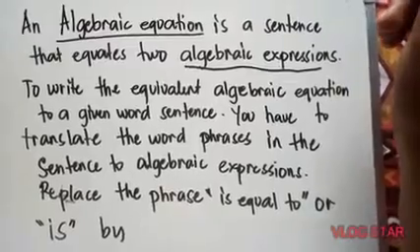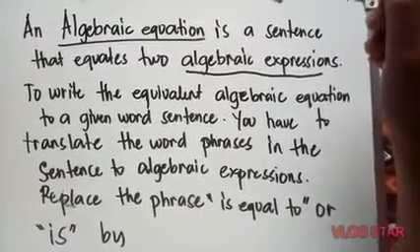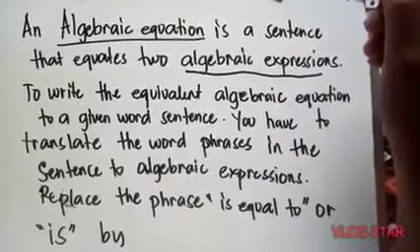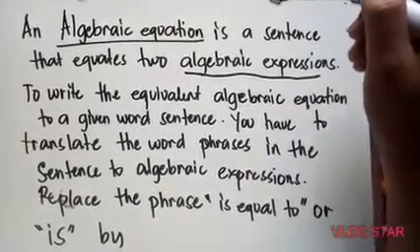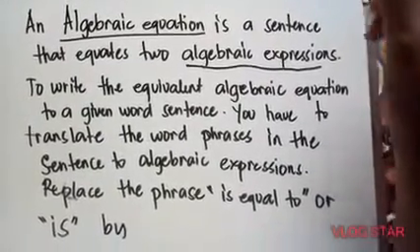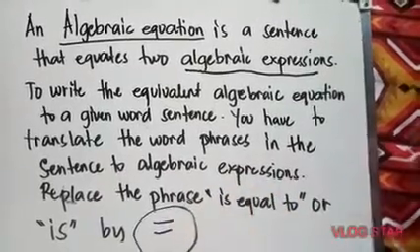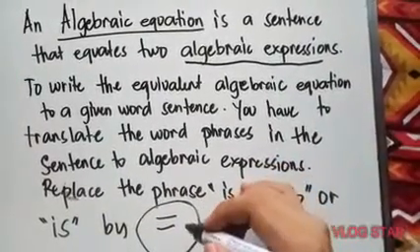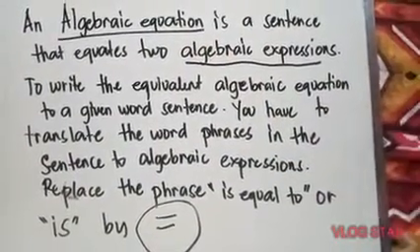To write the equivalent algebraic equation to a given word sentence, you have to translate the word phrases in the sentence to algebraic expressions, and replace the phrase is equal to or is by an equal sign.